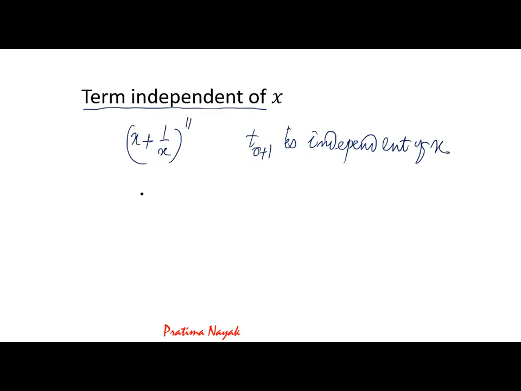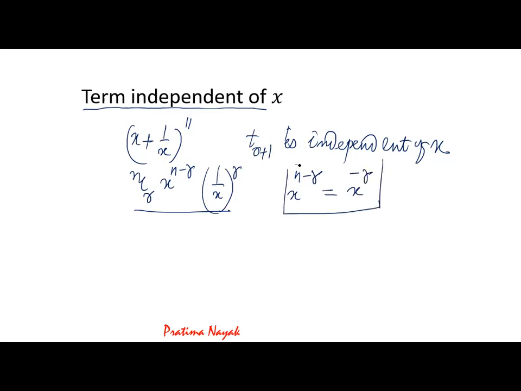Then what will I write? I'll write nCr x to the power n minus r and 1 by x to the power r. So here independent of x means there will be no x. That means x to the power n minus r times x to the power minus r. Then you equate them and find the value.